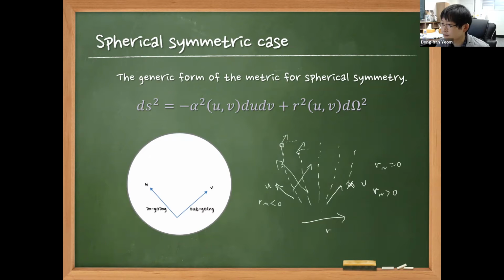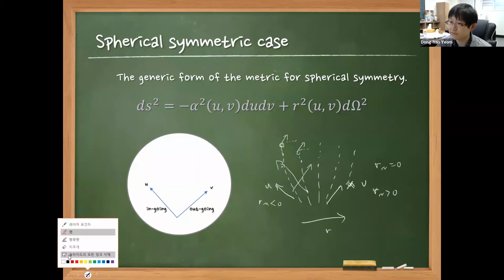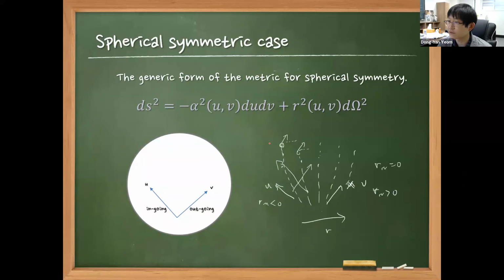Along this line, R contours are tangent to the V direction. And then if you collect all possible RV equals 0 contours, then you will see this kind of boundary. So this is the boundary where RV equals 0.